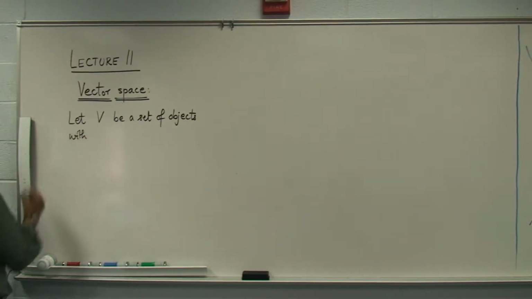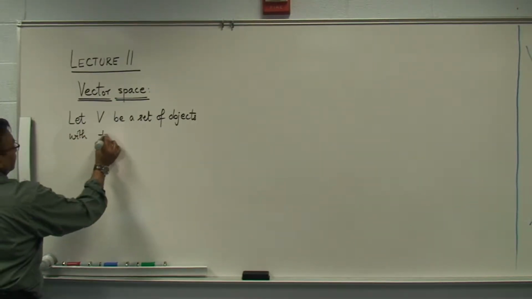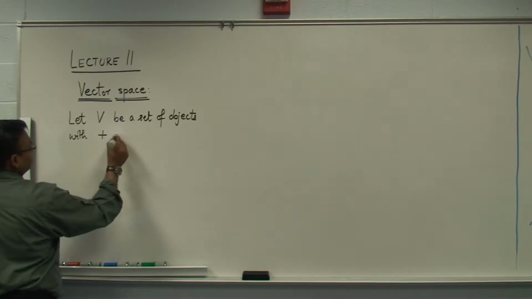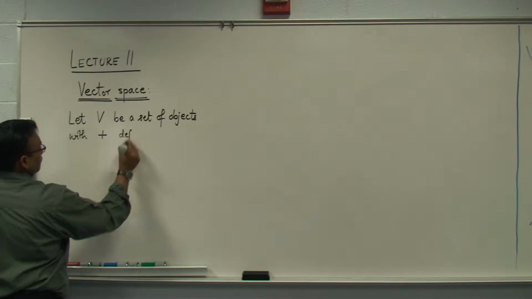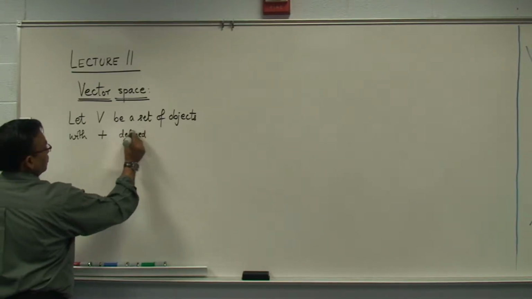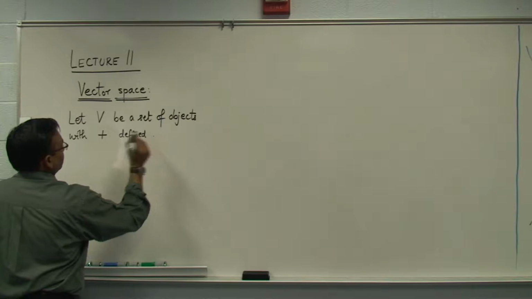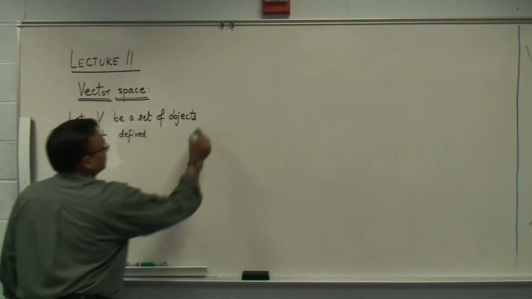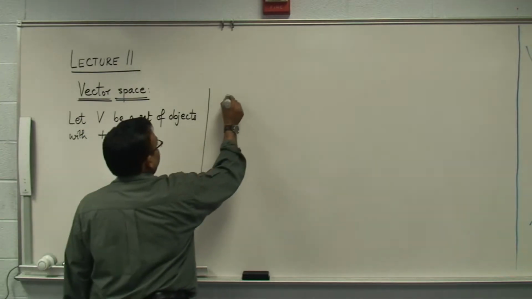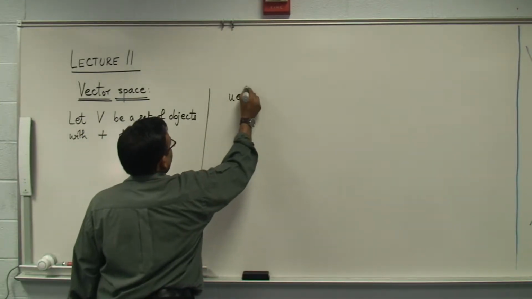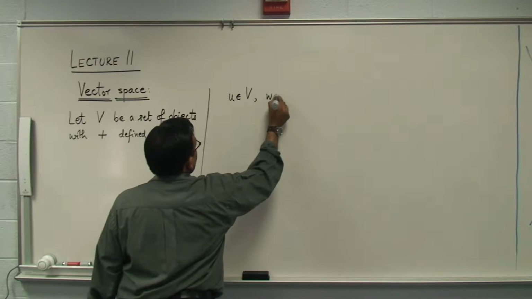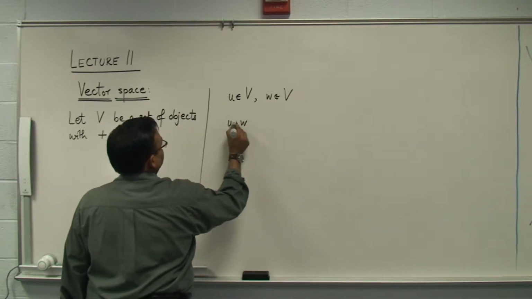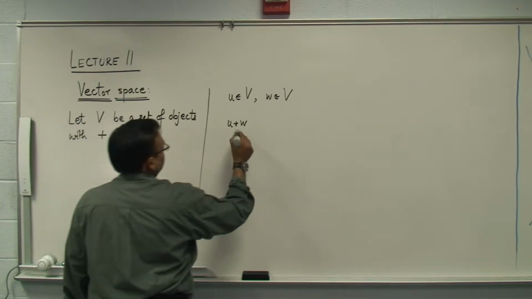Suppose we give a way to have an addition operation defined on these objects. So that means if I have two objects in this setting, let me call them U and W, then I'm telling that there is a way to combine these two objects, which I'm calling addition.